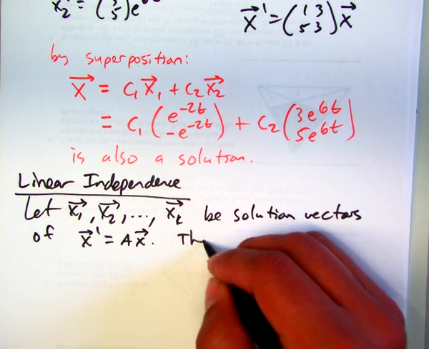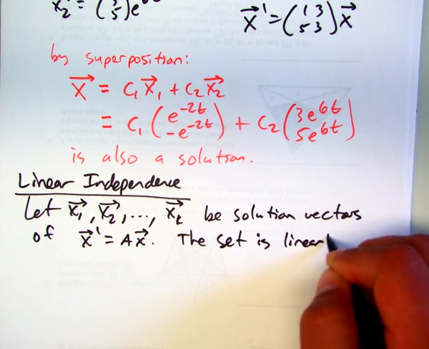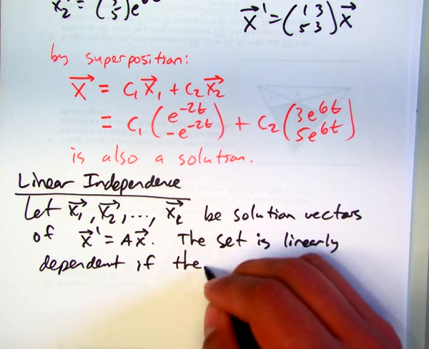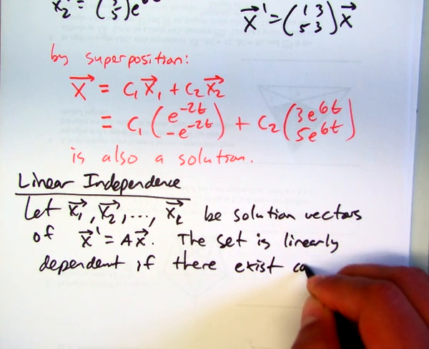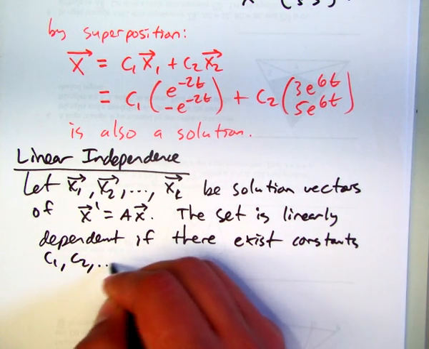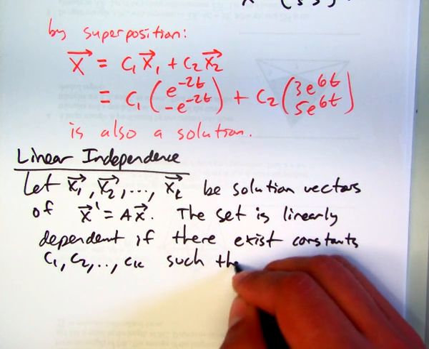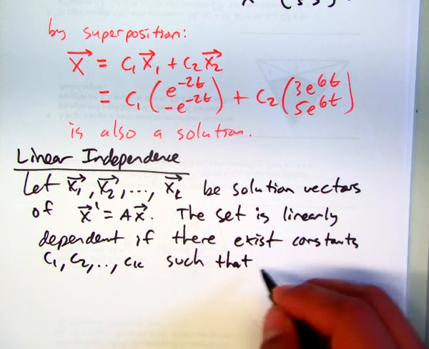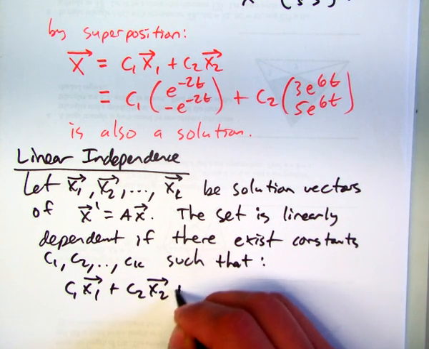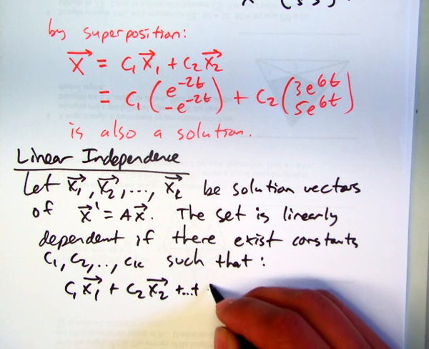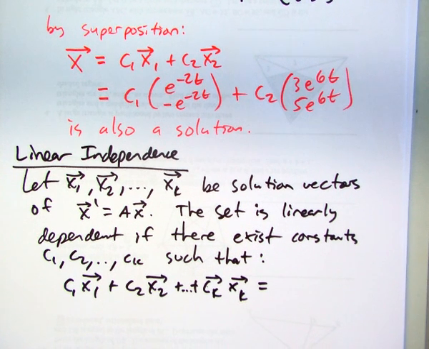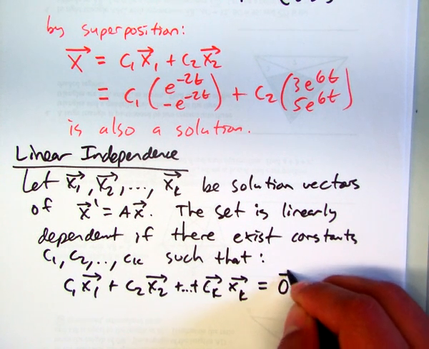We say the set is linearly dependent if there exist constants c1, c2, c sub k such that you can linearly combine them so that when you add them up, you get not just 0, but the 0 matrix.